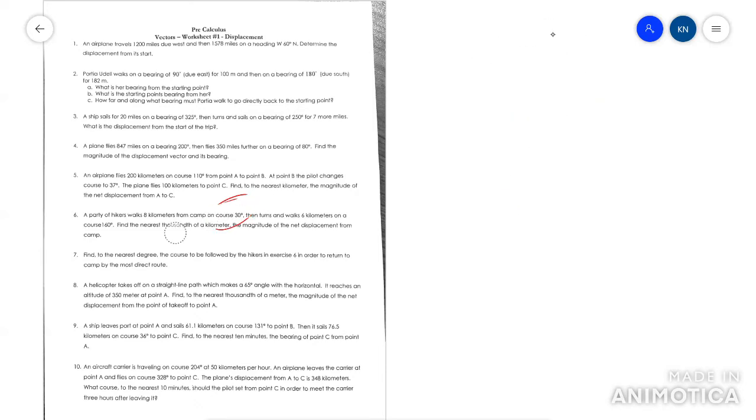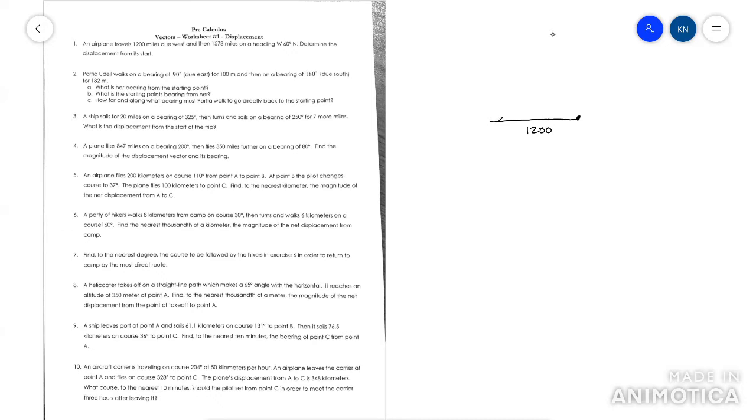All right, let's just see some examples. The first one, they tell me an airplane travels 1,200 miles due west. So you could start with an airplane here, and it's going to travel 1,200 miles due west. And then 1,578 miles on a heading west, 60 degrees north.